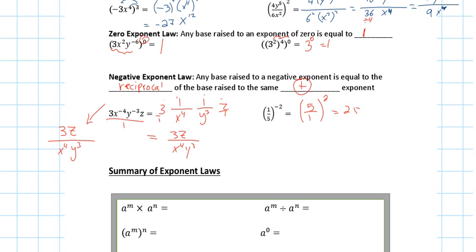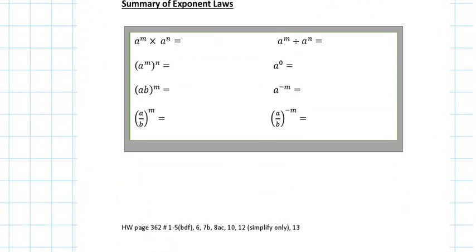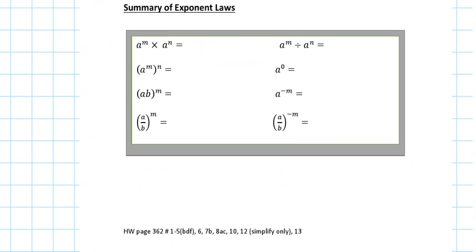All right, so let's just summarize these for now. a^m times a^n: I just have to add my exponents because I have the same base. I keep the base the same and add my exponents. If I'm dividing, I keep the base the same and I subtract the exponents. If I have a power to a power, I multiply my exponents.